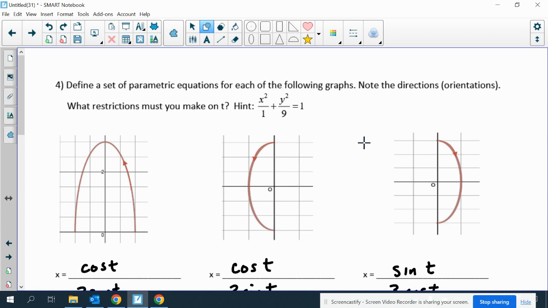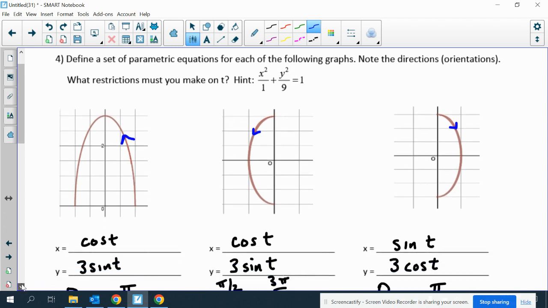Now let's define a set of parametric equations for each of these three things. And actually, we're going to do 2 of them for each. But it is important to notice that the first 2 are going counterclockwise, and the third one is going clockwise. So I've set up a couple.